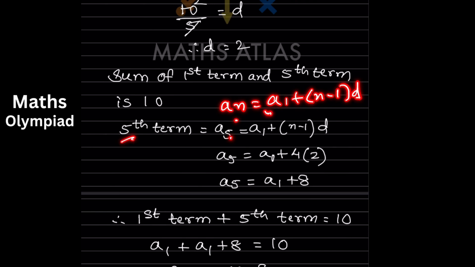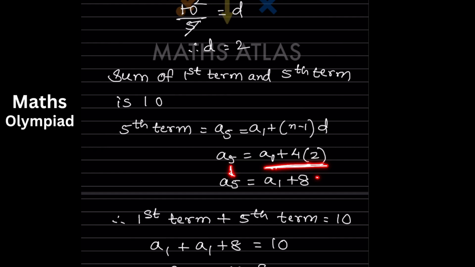Here for the fifth term, in place of N we write 5. A1 as it is, and N minus 1 is 5 minus 1, which is 4. And D, we got the value as 2. So 4 into 2 is going to be 8. So A5 is A1 plus 8.